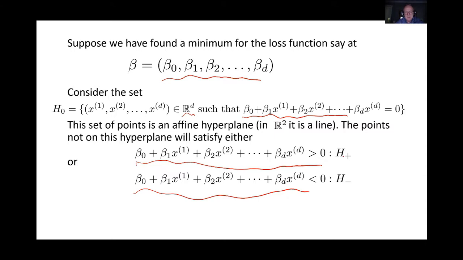But we've done what we set out to do. We have found a way of dividing the space of data vectors into two pieces, one that's classifying +1s and the one that's classifying -1s. So that solves this problem here. It defines a model that does the best possible job on the training set.